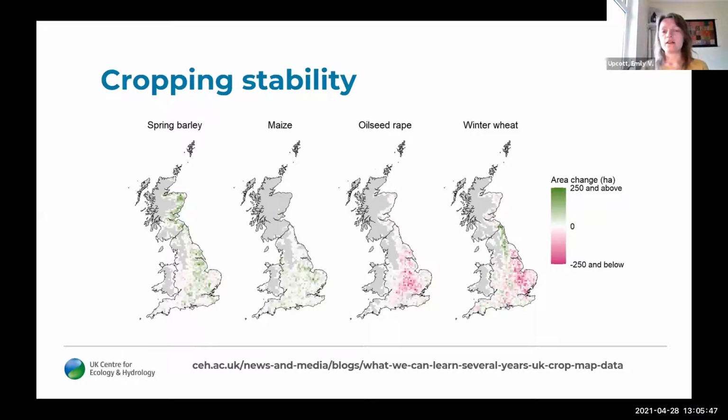And finally, winter wheat, we can see it's got quite a mix of increase and decrease, but if we were to talk about it more generally, I suppose we could say there's perhaps more of a northward shift in its range. So data like this on crop area and distribution change could be useful in exploring crop-specific impacts on the environment.